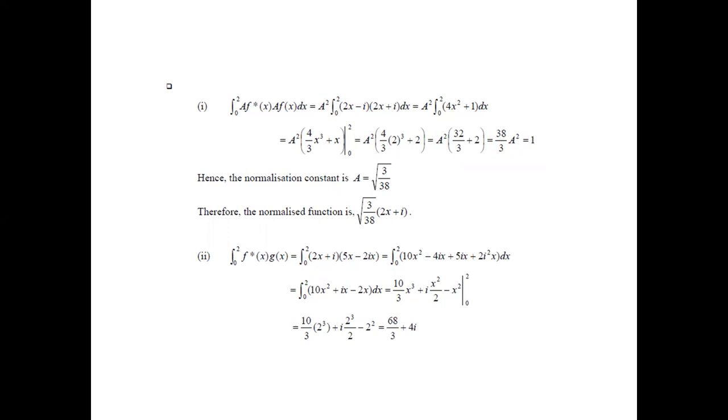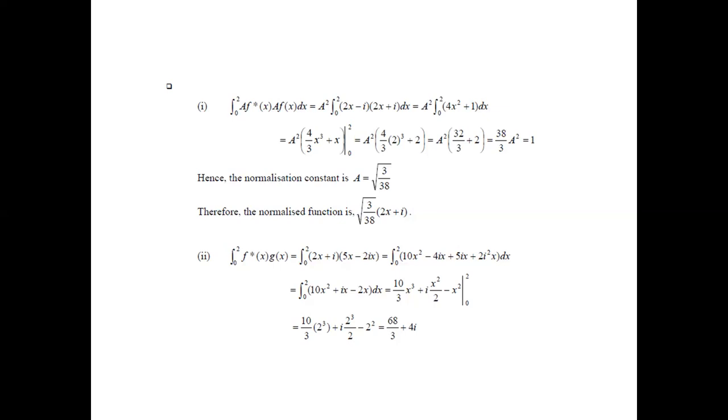I believe we can all carry out that integration, put in the limits, and arrive at 38 over 3 a squared equals 1. So we solve for a. So a is the square root of 3 over 38. Therefore, the normalized function is the square root of 3 over 38, times (2x plus i).